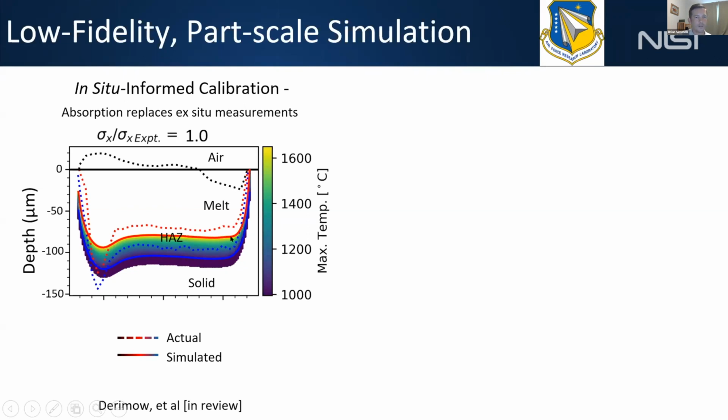The solid lines are the simulation results. So you can see that qualitatively, it reproduces some of these features that we see in experiments. It does a decent job, I would say, of showing where the heat affected zone is. This red solid line is the predicted interface between the melt and the heat affected zone. This blue solid line is the beta transus temperature. So anything above this blue solid line, you'd expect to see this beta enrichment that we saw in the heat affected zone.